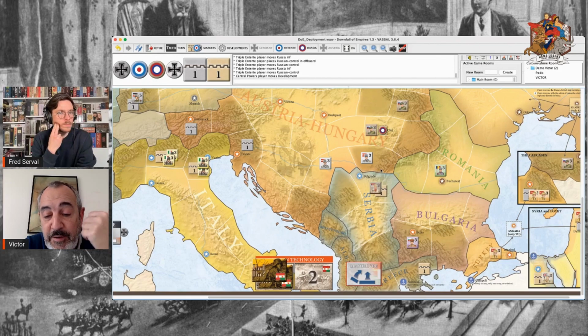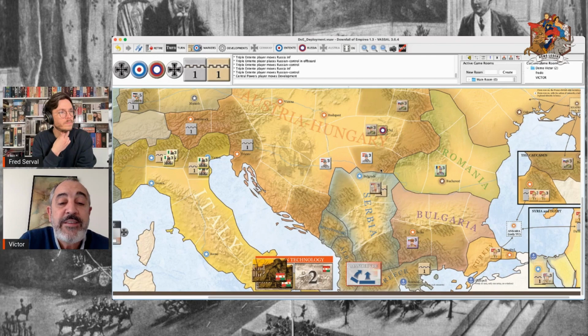Maneuver: at the beginning, in the first version of the game, the 4 factions had maneuver. Now maneuver is only for French, British, and Austria-Hungary. Okay. And the maneuver of Russians and Germany was substituted by offensive. But the maneuver allows you to activate 4 armies.